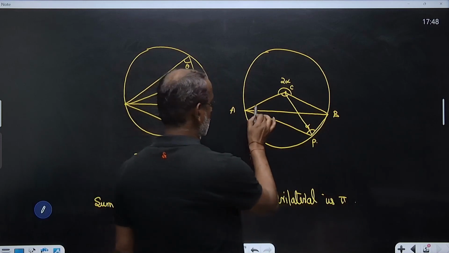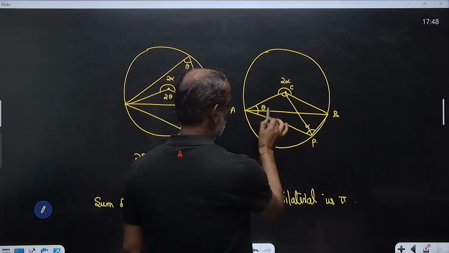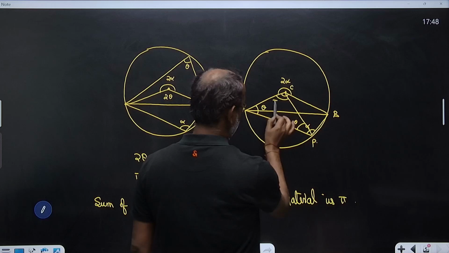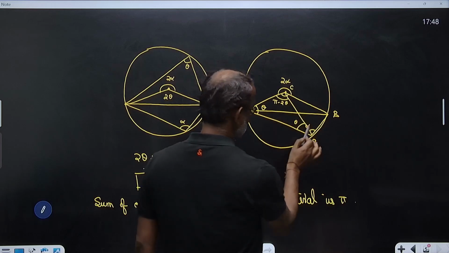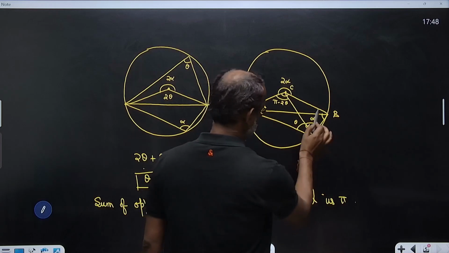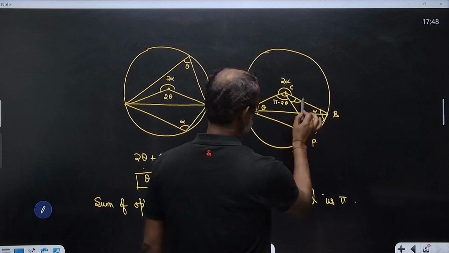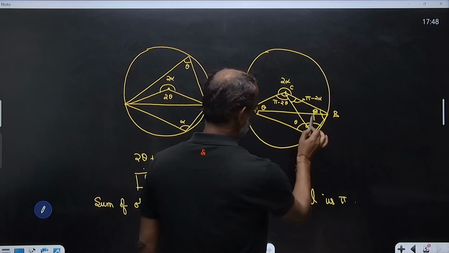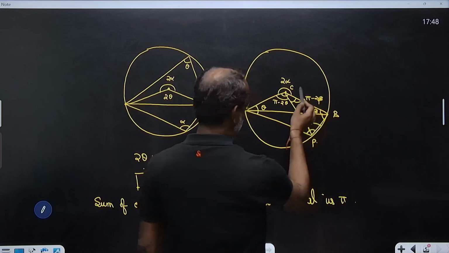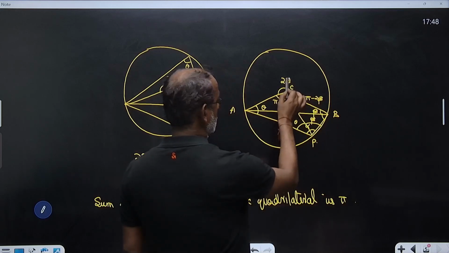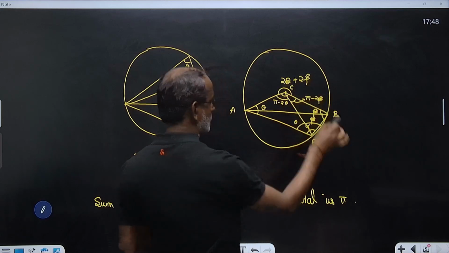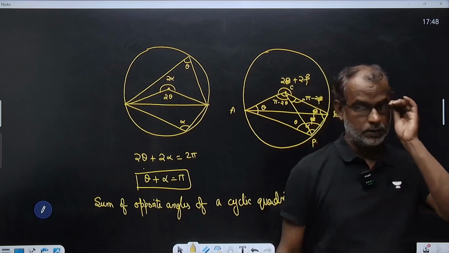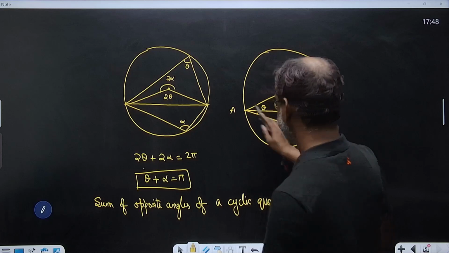So this is again, this is theta, this is pi minus 2 theta. So this would be 2 theta plus 2 theta. Okay, and this whole angle you can say.